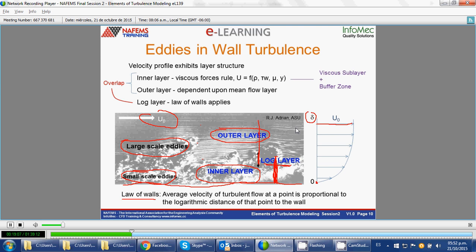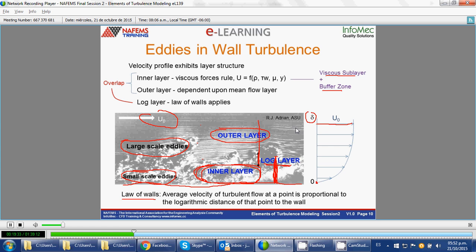In the inner layer, the viscous forces are very dominant. We call that the viscous sublayer and buffer zone. This is where viscosity effects are very, very dominant, and we call it the laminar sublayer.